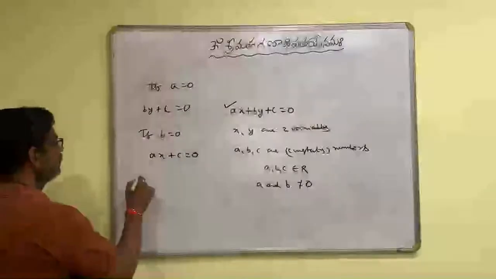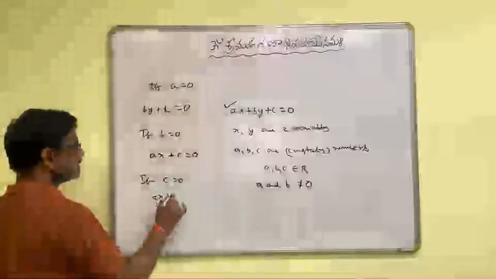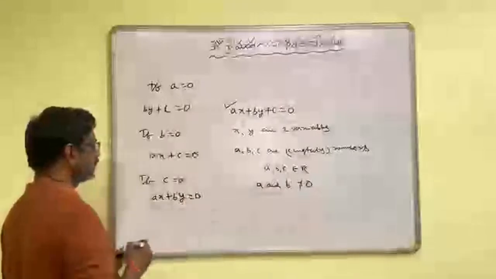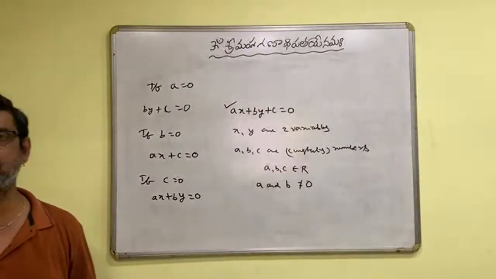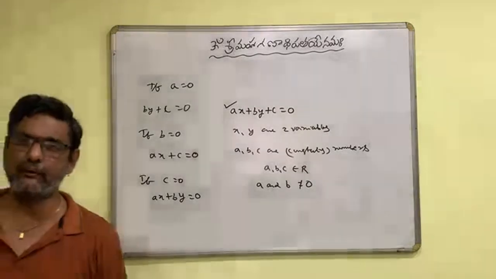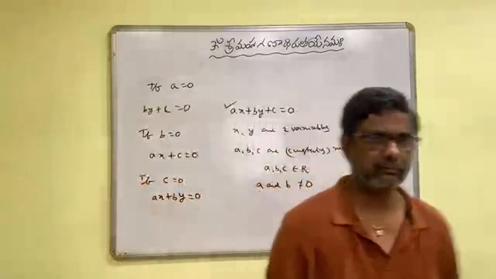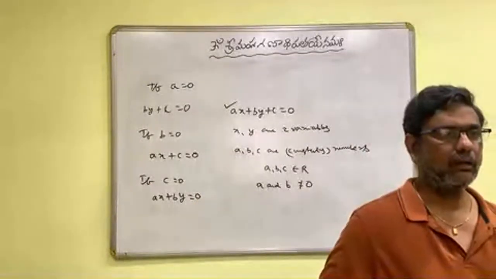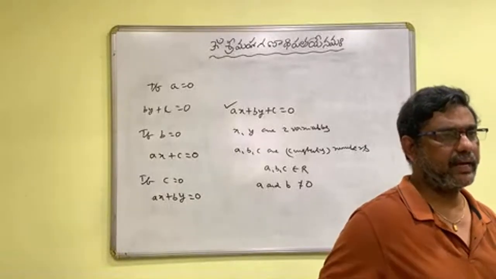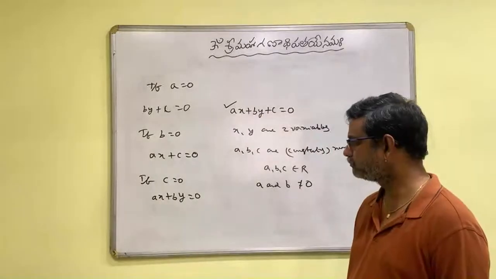Now if c is 0, remaining is ax plus by is equal to 0. Can we call ax plus by is equal to 0 a linear equation in two variables?